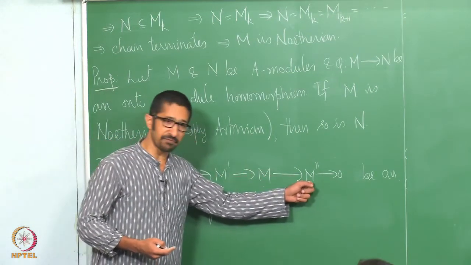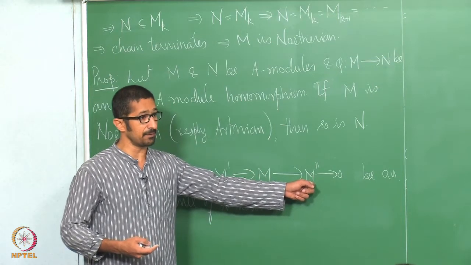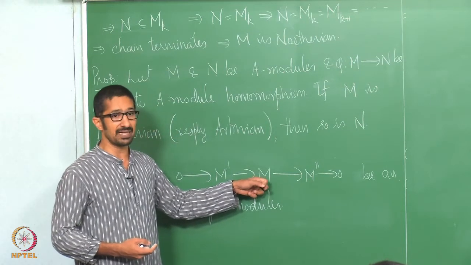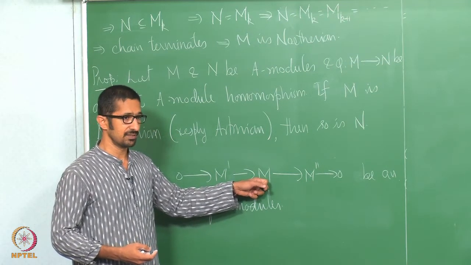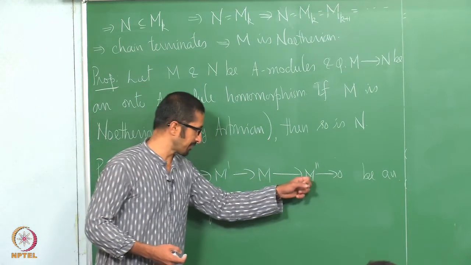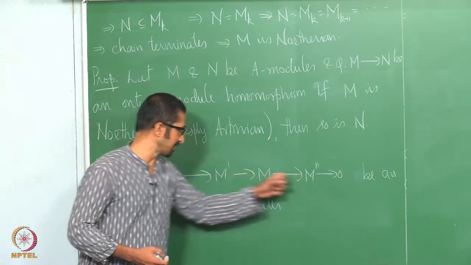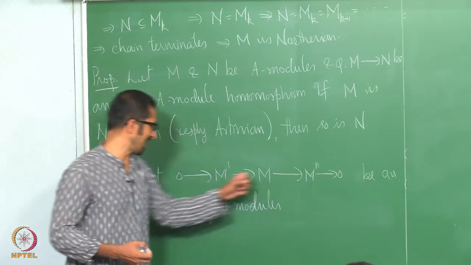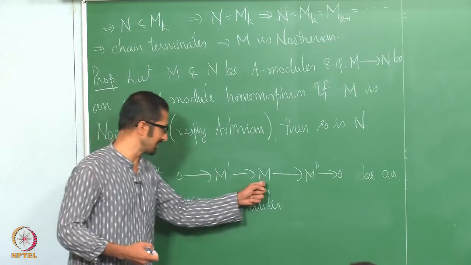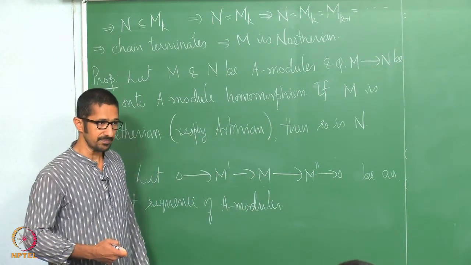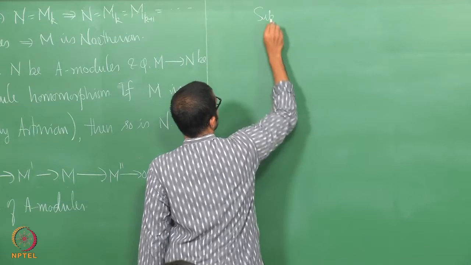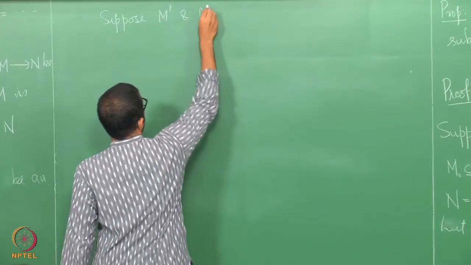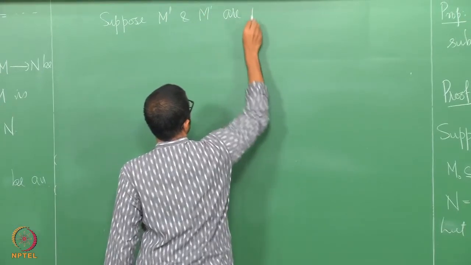What about if M'' is Noetherian? We have already seen the example that this need not necessarily imply M is Noetherian. What if we impose that both of them are Noetherian? Suppose M'' and M' are Noetherian.